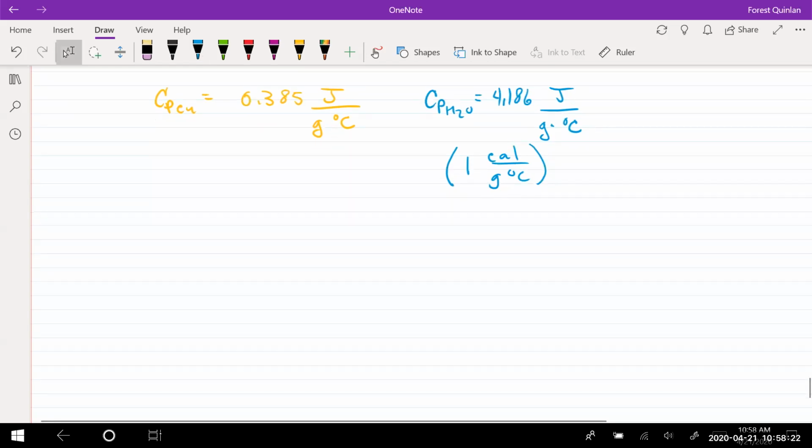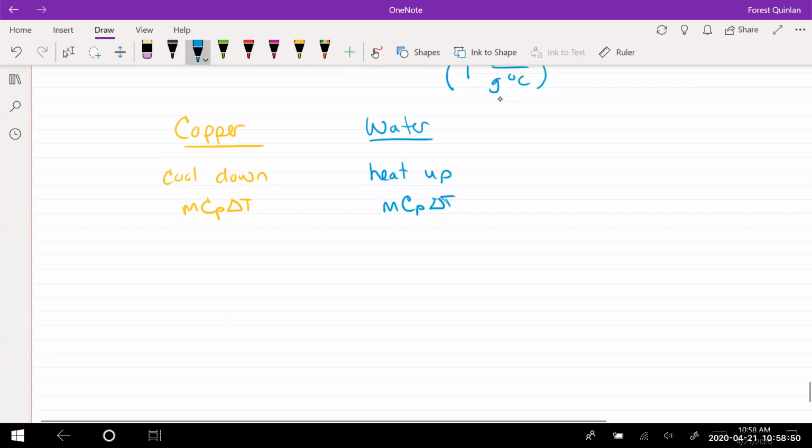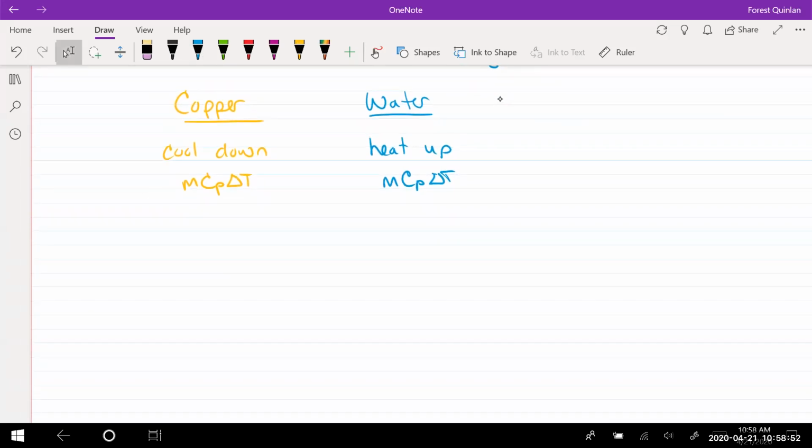Okay, so let's take a look at our two systems. We have what is our copper doing and what is our water doing. Our copper is going to cool down, which is an MCP delta T. Our water is going to heat up, which is also an MCP delta T. Now again, the copper is cooling down, so that's going to be the negative.